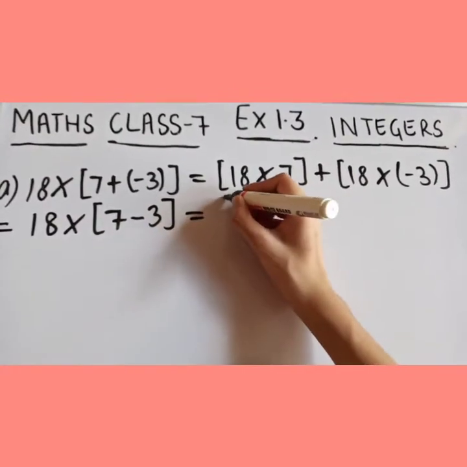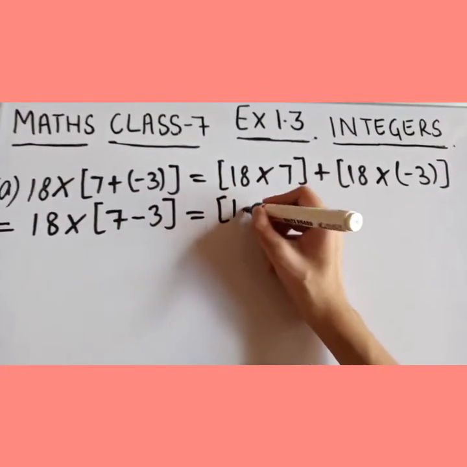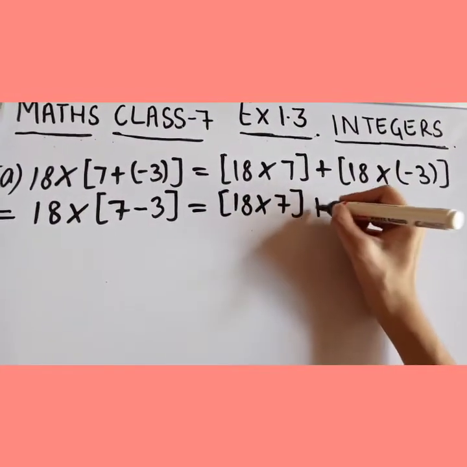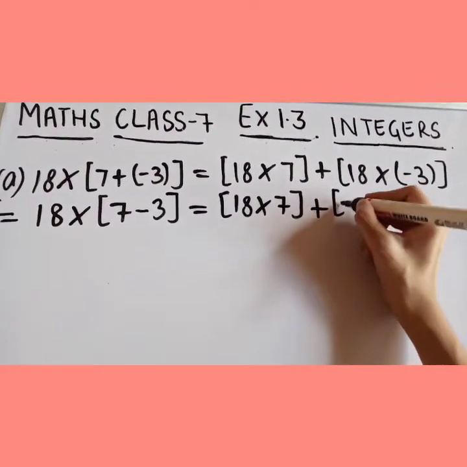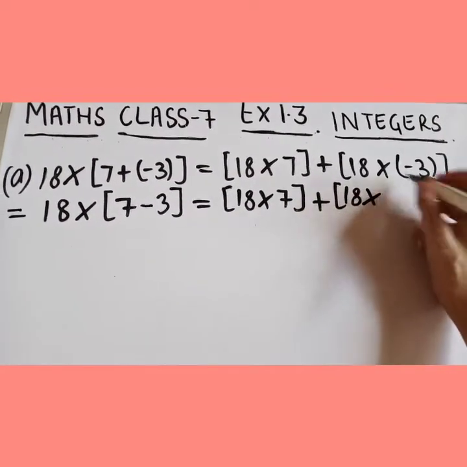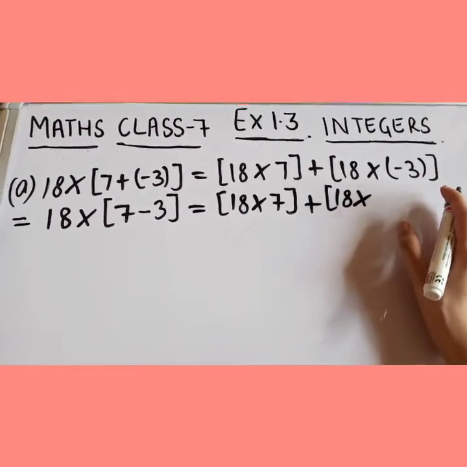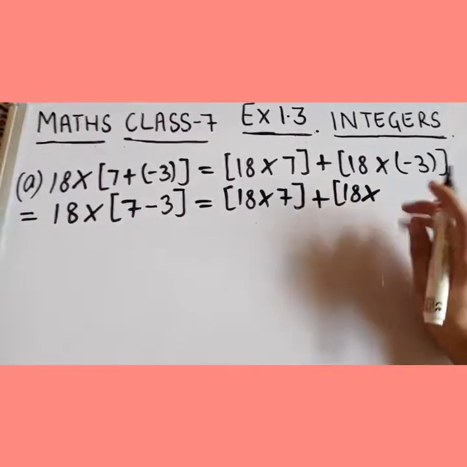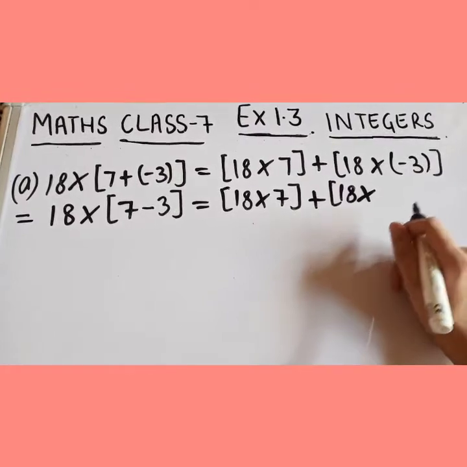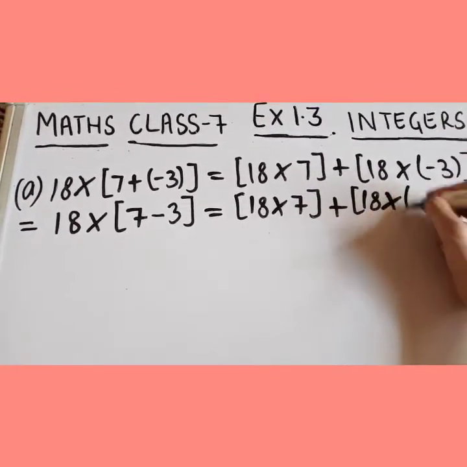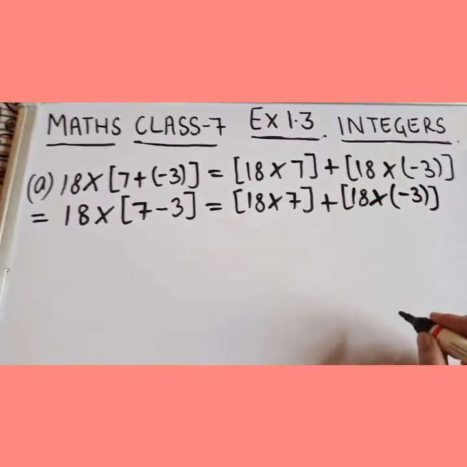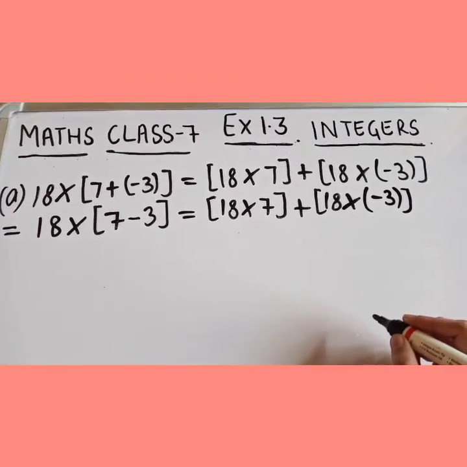Equals to 18 multiplied by 7 bracket close plus bracket starts 18 multiplied by. Now यहाँ पे कोई sign नहीं है, कोई भी sign नहीं है, तो you will keep it like this only. Clear? Minus 3. I hope I am clear for the first step.